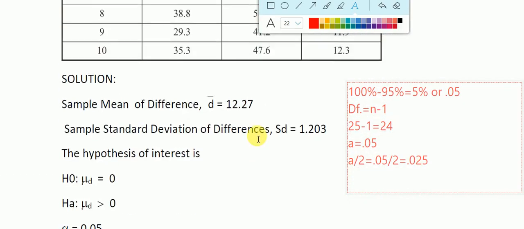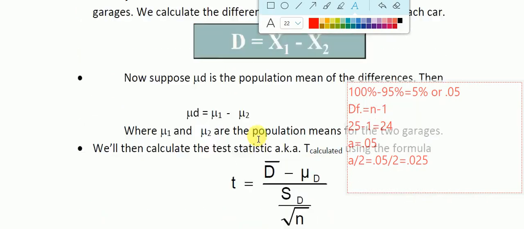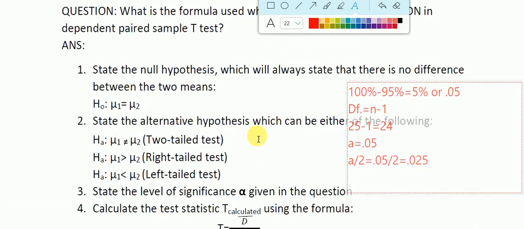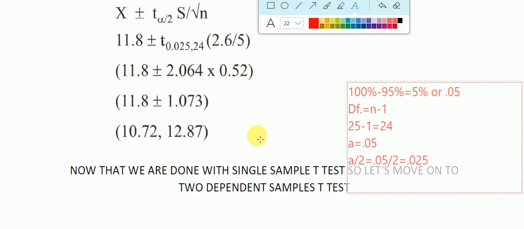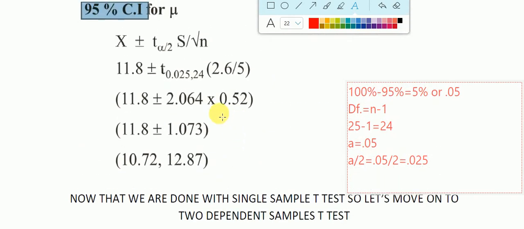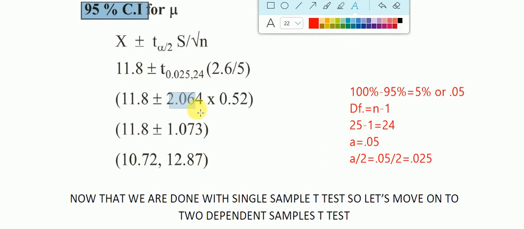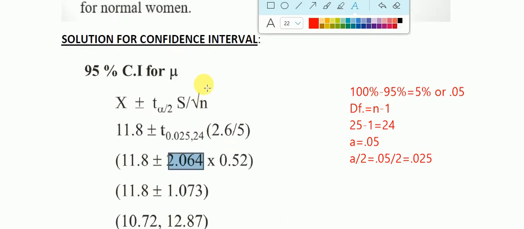Let's see, have we calculated it correctly? Yes, 2.064, so it's correct. So 11.8 plus minus 2.064, and then S is the standard deviation given in the question.